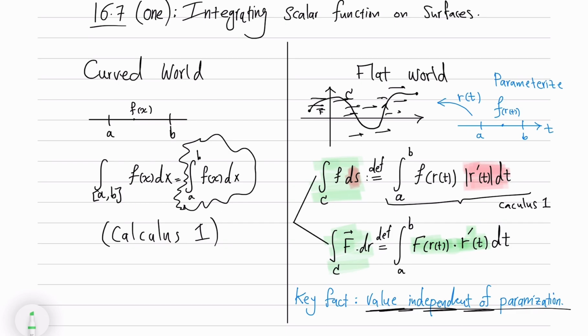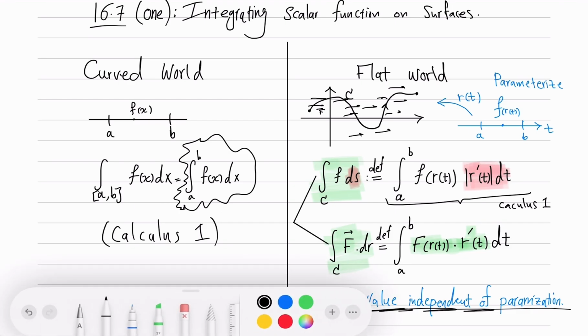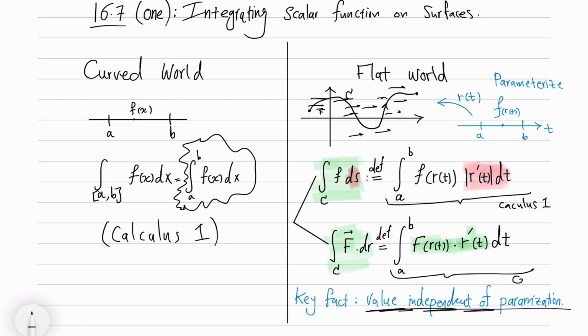So the right hand side is again a Calculus 1 integral, but one shows that this is independent of how you parameterize, so it truly is an object that depends on the curve and not on how one parameterizes.